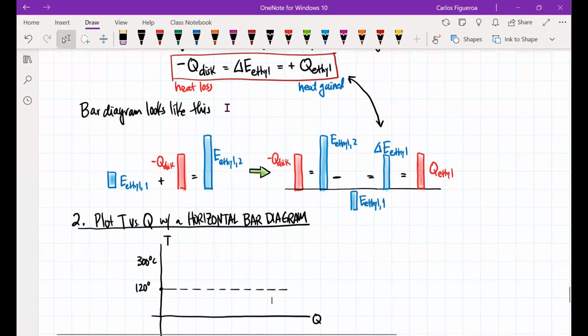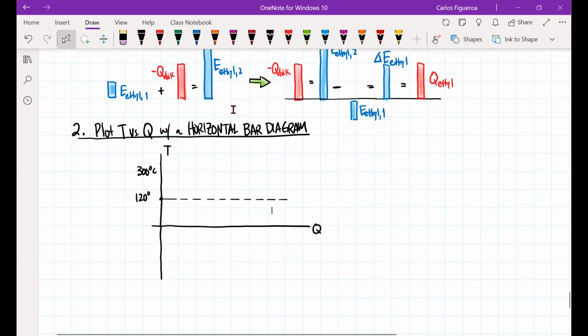It's negative. So if this is my 300 degrees C, the slope of this curve looks something like this. So this line is the heat decreasing to 120 degrees. So this is the hot disk cooling as it transfers heat to the alcohol.